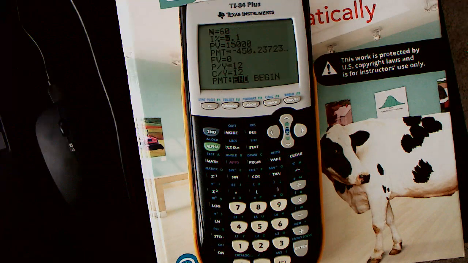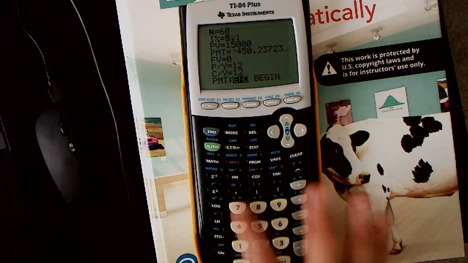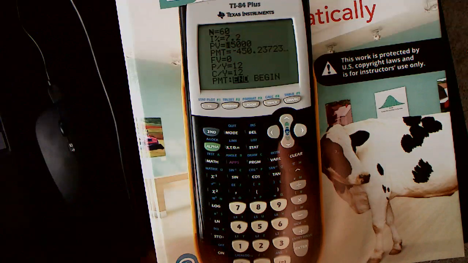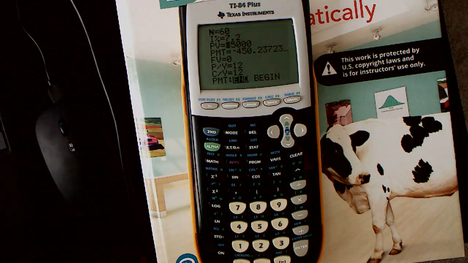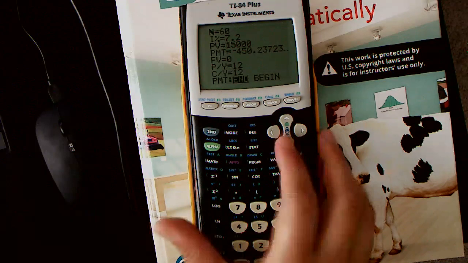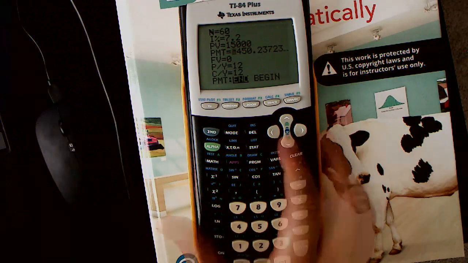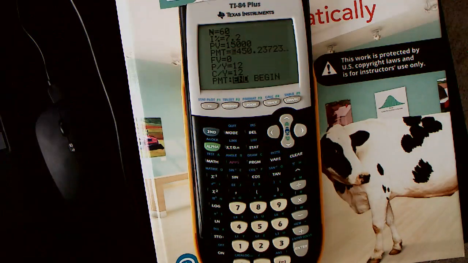Annual interest rate is higher, 7.2%. Present value, same. Future value, same. P per Y, C per Y all stay the same, 12. And all we need to do is to solve for the monthly payment. Once we fix the number of years and interest rate, we're going to solve for the new payment.